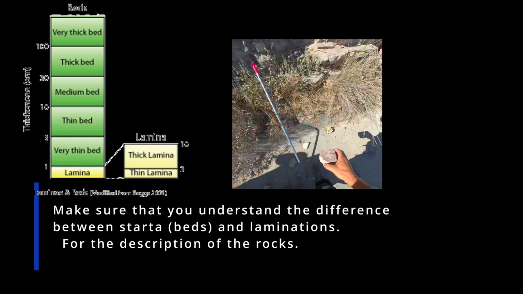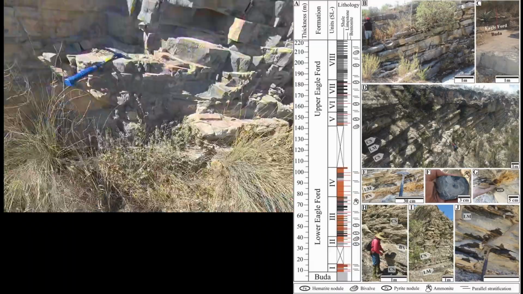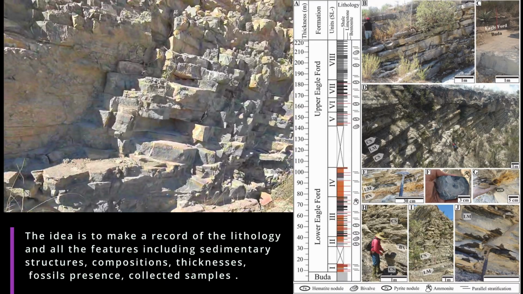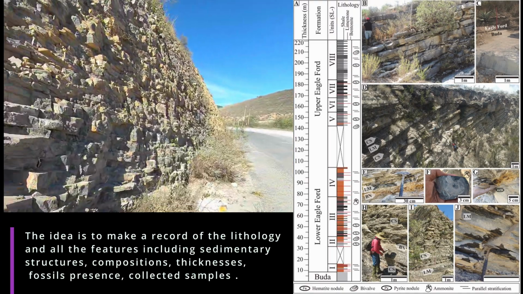And we make sure that we keep the samples in place so that we can later on connect them. And we are going to be continuing like this through the whole outcrop.